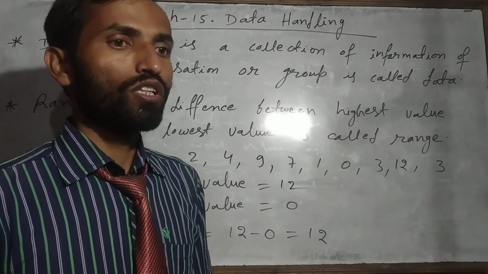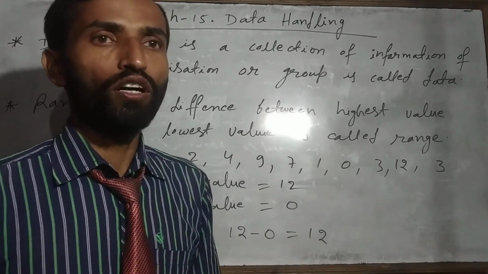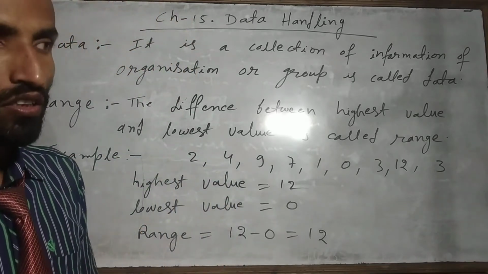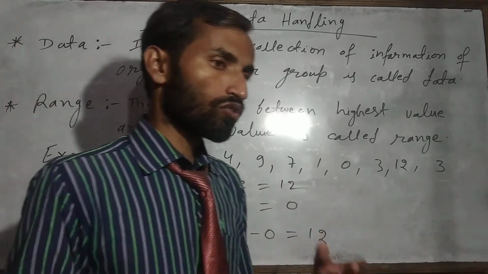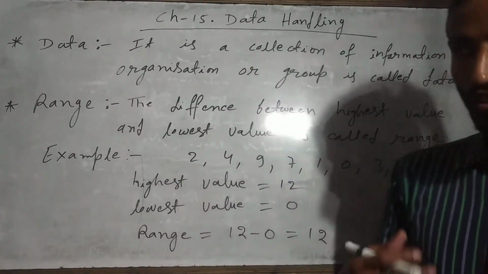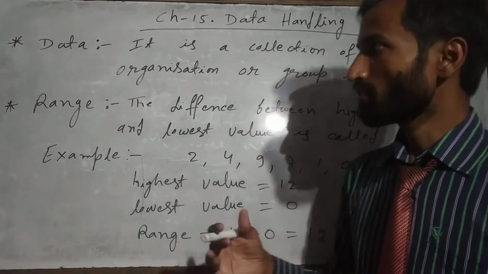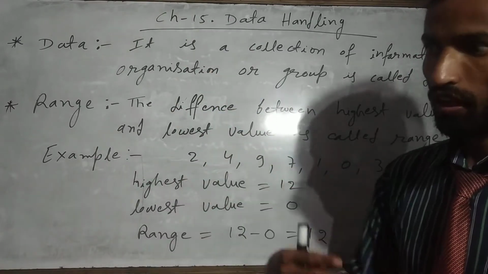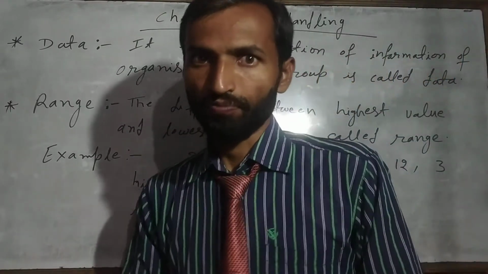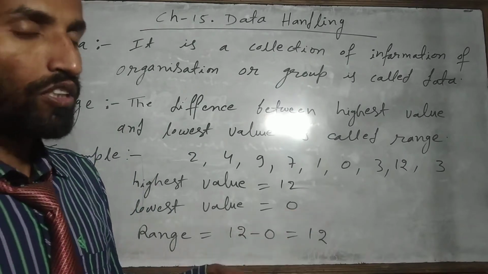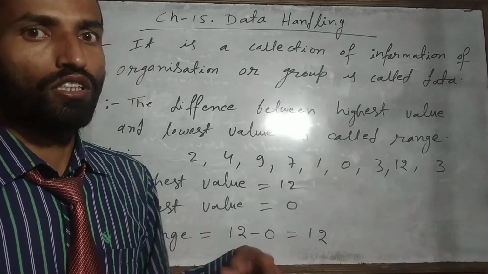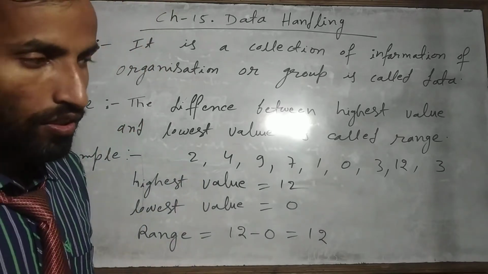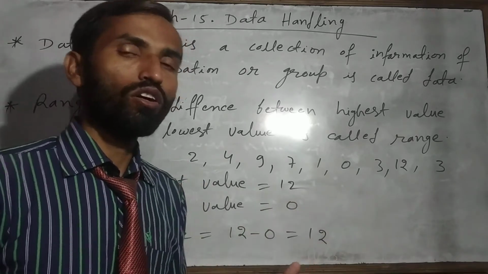Each section has a different number of boys and girls. These are the information, and we store them in the system or in the record. That record is called data of any school, class or institute. So information about students, teachers, and student parents, these are called data.